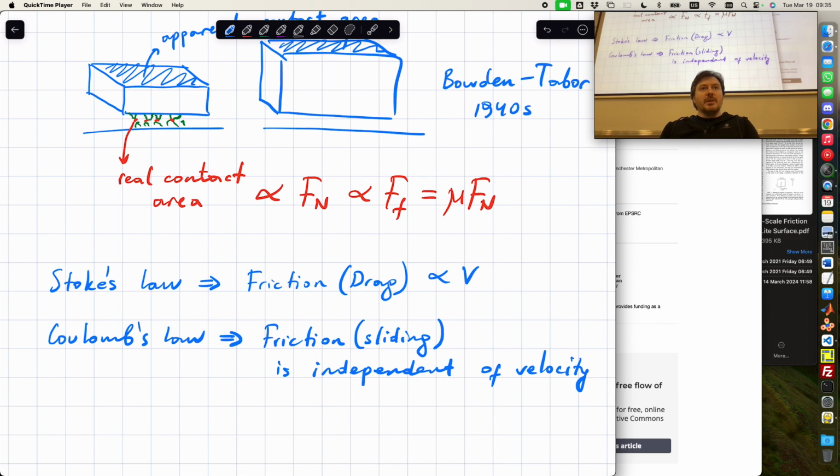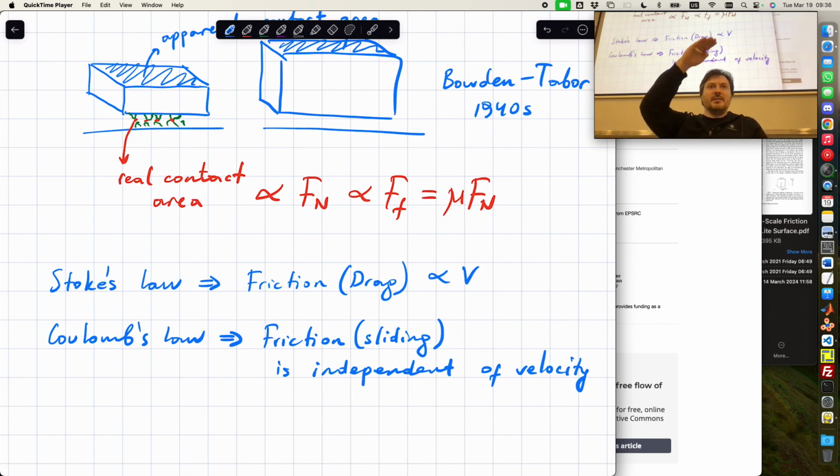Okay? Because if you take this one, 0 velocity, push it, I'm pushing it, but it's not moving because there is this static friction. But even once it starts moving, I'm still pushing it with very little velocity, let's say, and it's nowhere near gamma v.